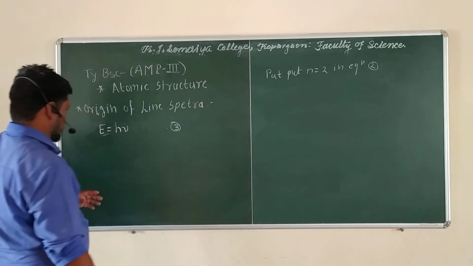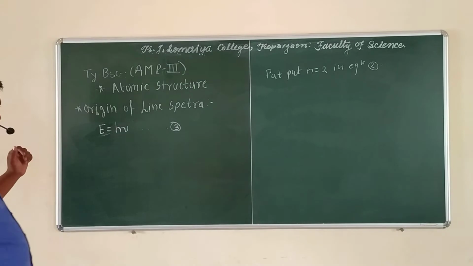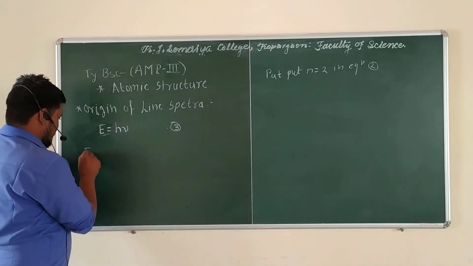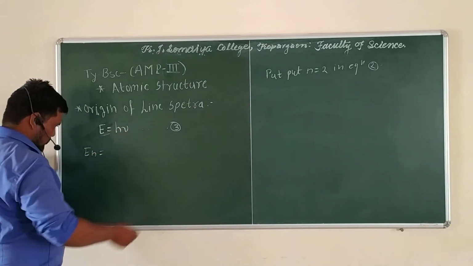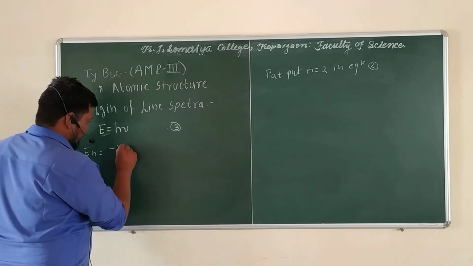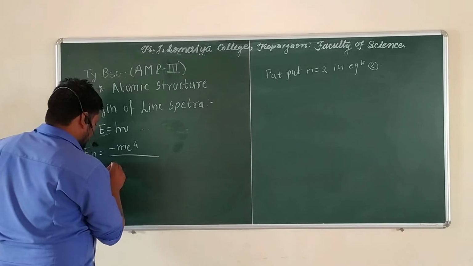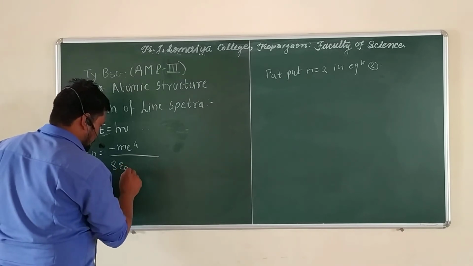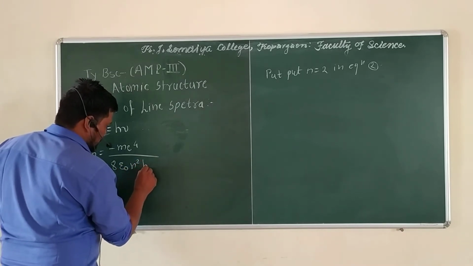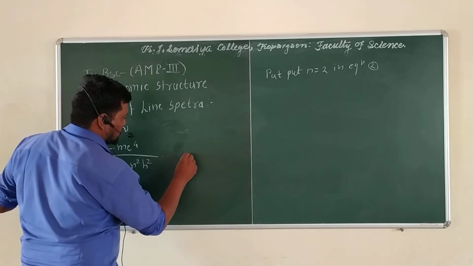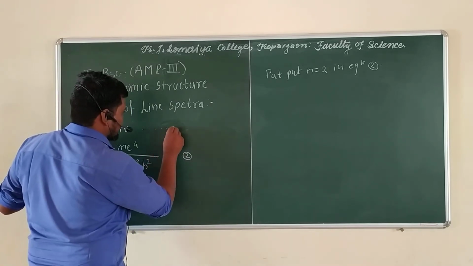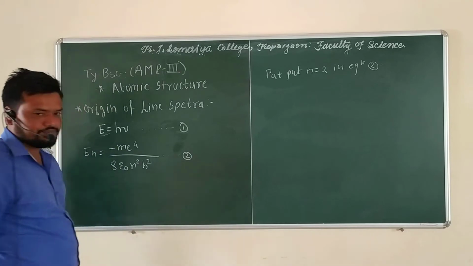Now the ground state energy of an electron in a hydrogen atom, the total energy, is minus m into e to the power 4 divided by 8 epsilon naught n square h square. This is equation number 2 and this is equation number 1.